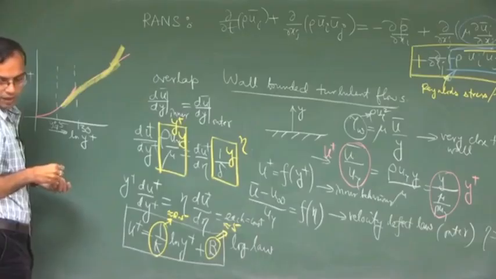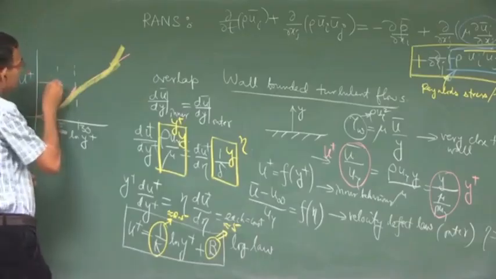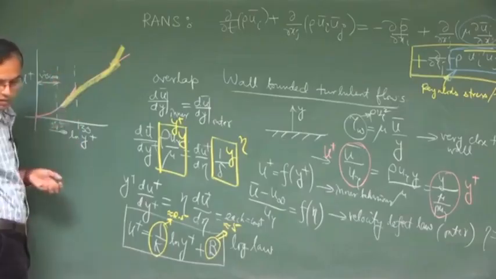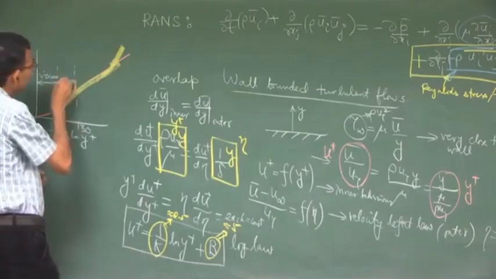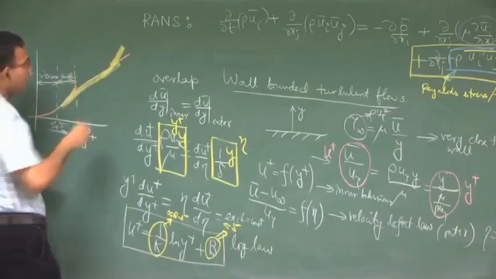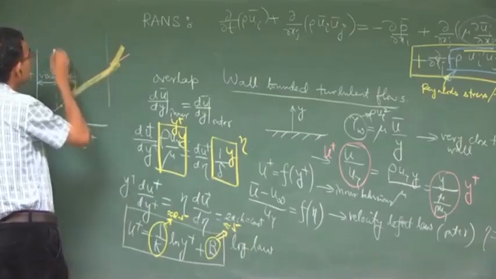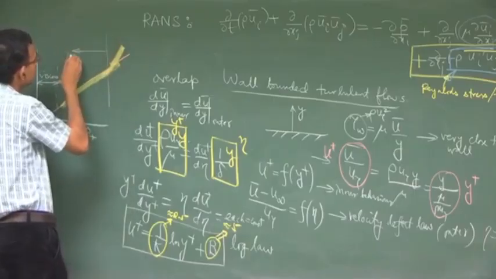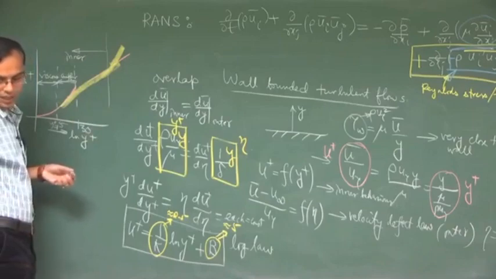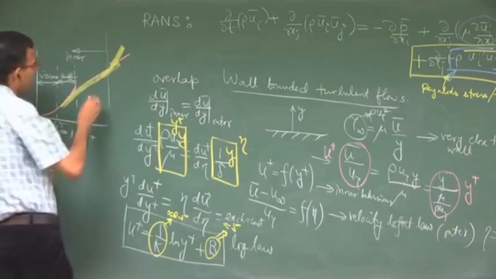So, then this layer is called as viscous layer, this layer is called as buffer layer, and up to this is called as inner layer, and there is an overlap between the inner and the outer layer.